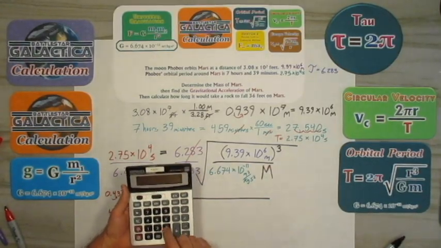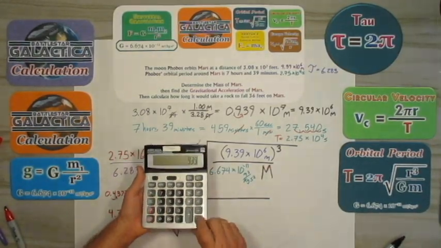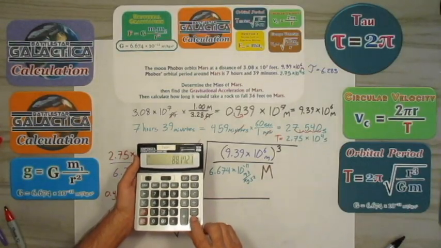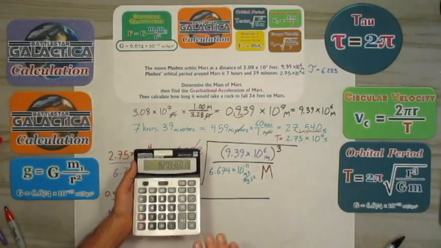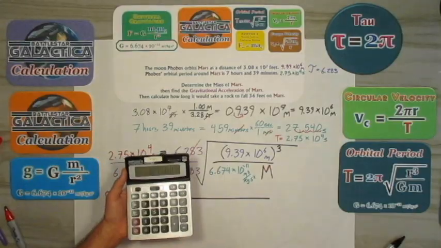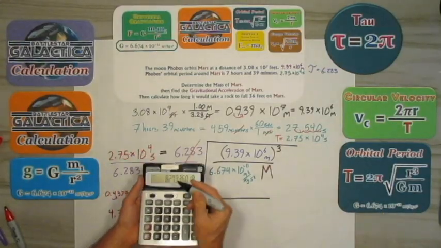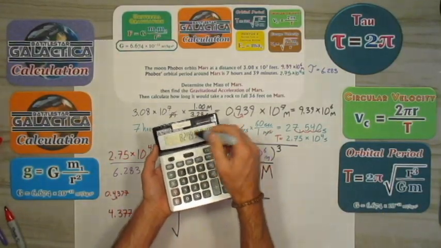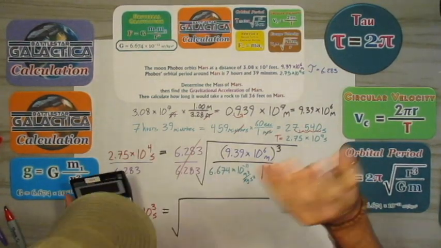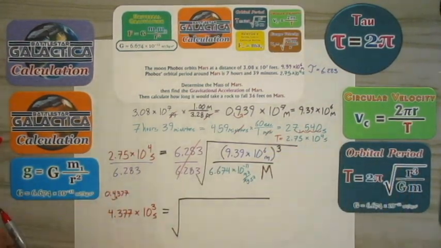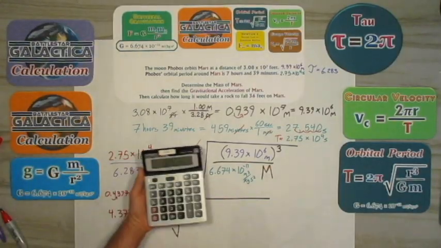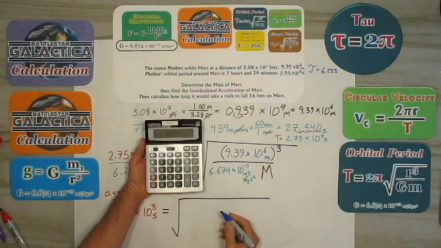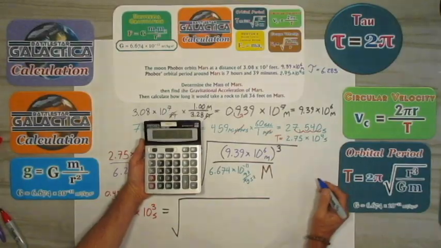So 9.39 times, and then if you hit equals and then equals, that's cubing it, because every time you hit equals, it does the function again. Yeah, so 827. I know that's reasonable because I did that little estimate in my head. Those aren't always great, but at least I know sort of what it's going to be. So I know it's not a crazy answer, so it's probably the right answer. So I'm going to put, oh yeah, let's write this over here.